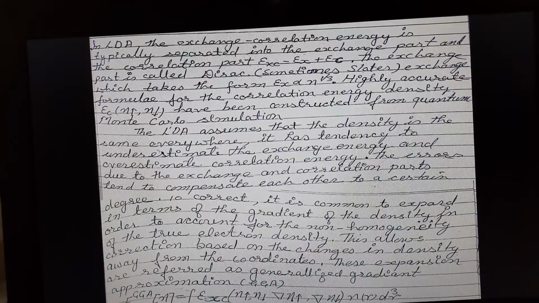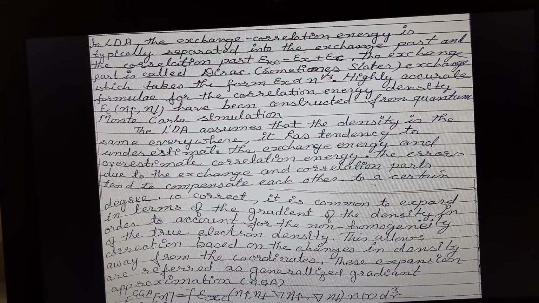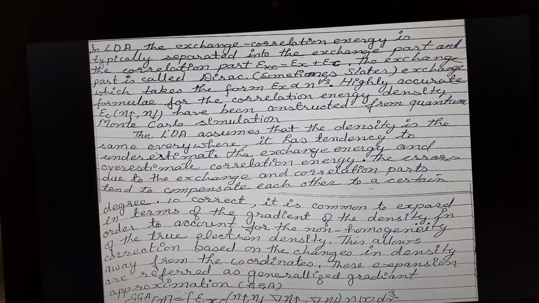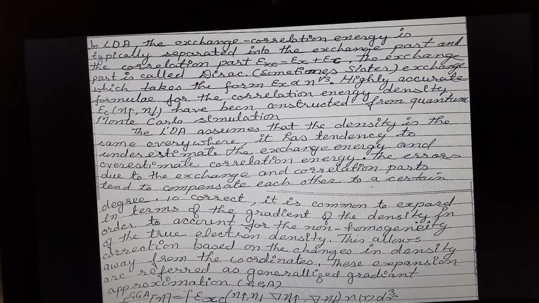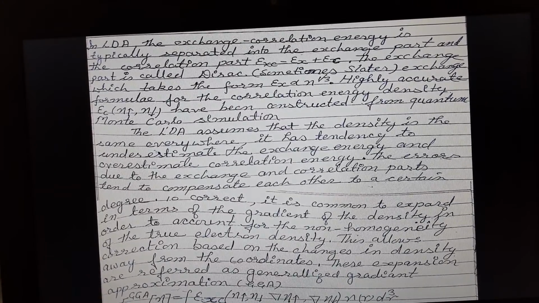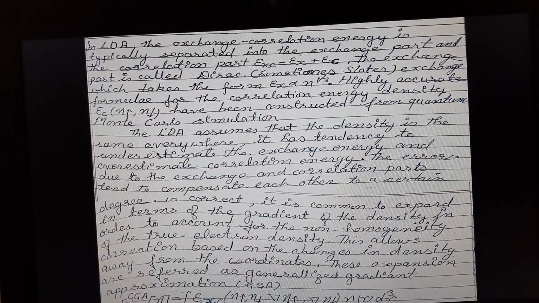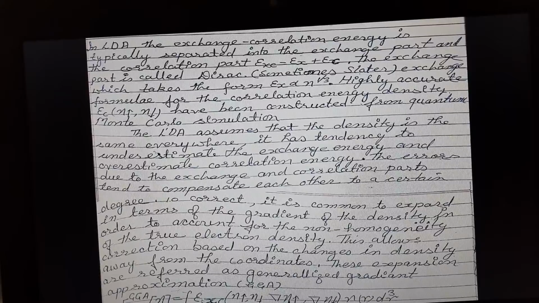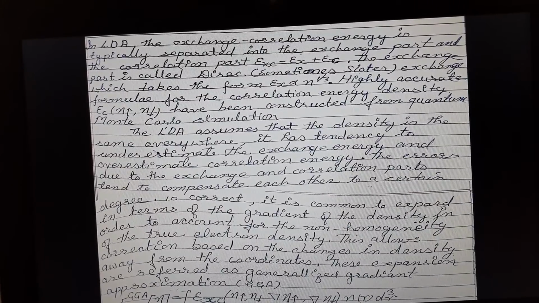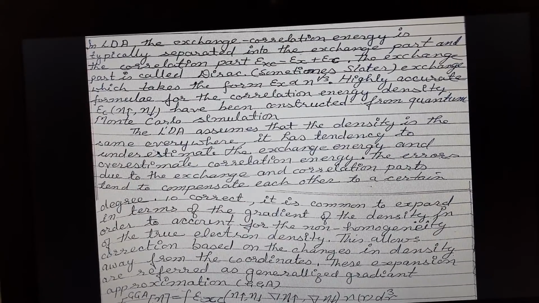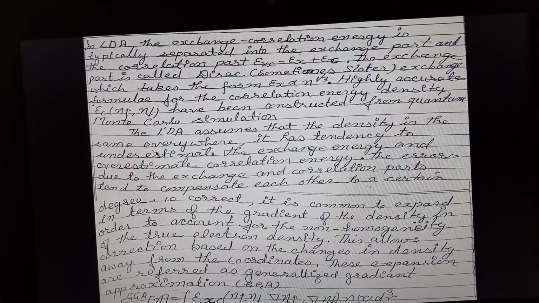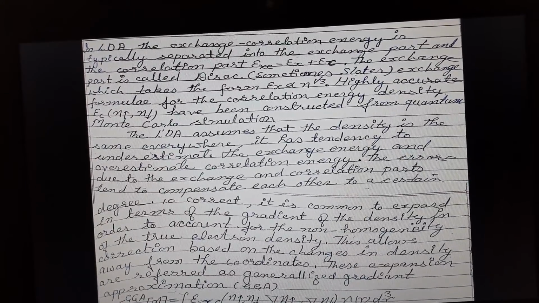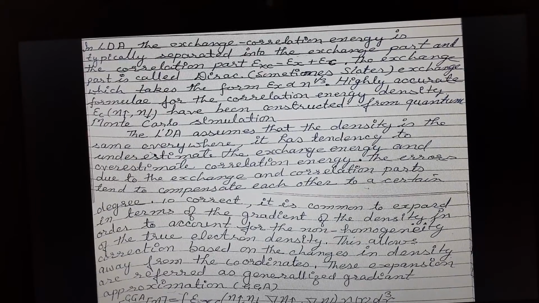The LDA assumes that the density is the same everywhere. It has a tendency to underestimate the exchange energy and overestimate the correlation energy. The errors due to the exchange and correlation parts tend to compensate each other to a certain degree.